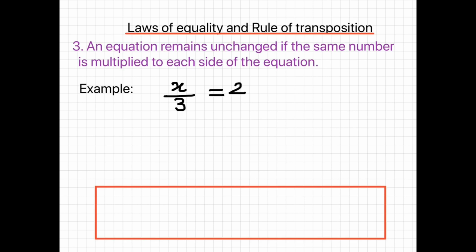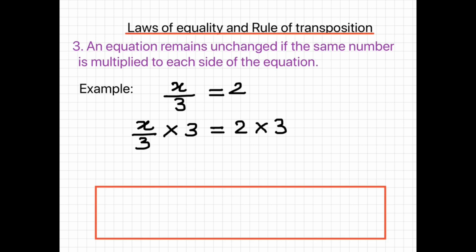Solving this equation means to find the value of the variable x. To do so, we need to eliminate 3 from the left hand side. For that, we will multiply 3 on both the sides. So this implies x/3 multiplied by 3 is equal to 2 multiplied by 3.